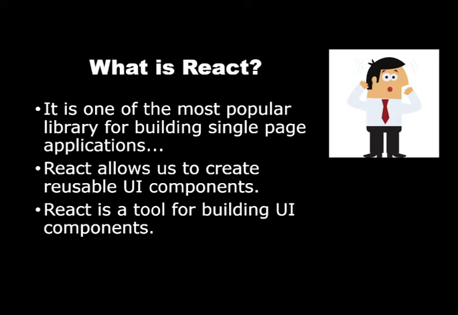We don't have to create it again and again. We can just define a button in a component, and whenever a button is required, we can use that component, and we can also change some features in it by using props, which we will study in depth in this series in the future.